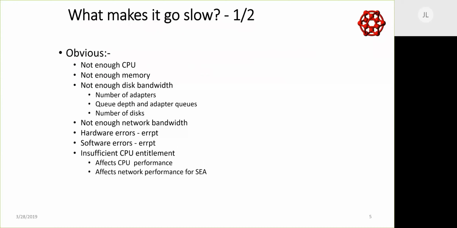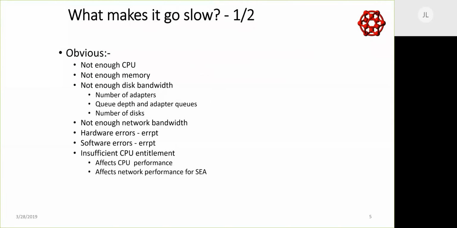Then you have to think about what are the kind of things that make the system go slow. There's certain things that are very obvious: not enough CPU, not enough memory, you may not have enough disk bandwidth, and that can be caused by adapters, adapter queues, not enough disks. You've got to be able to spread your I/O around. And there's a number of other things, including error reports.